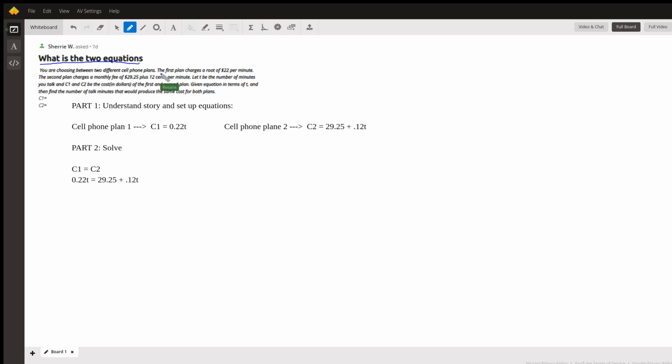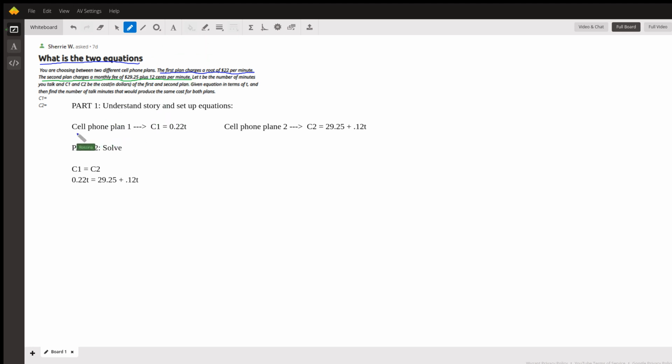So here we have the first plan charges 22 cents per minute. The second plan charges a monthly fee of $29.25 plus 12 cents per minute. All right, neat. We understand the story. We're going to set up the equations based on those two things that I underlined.